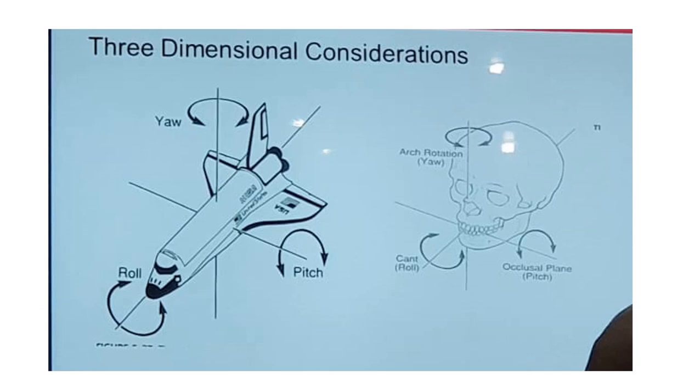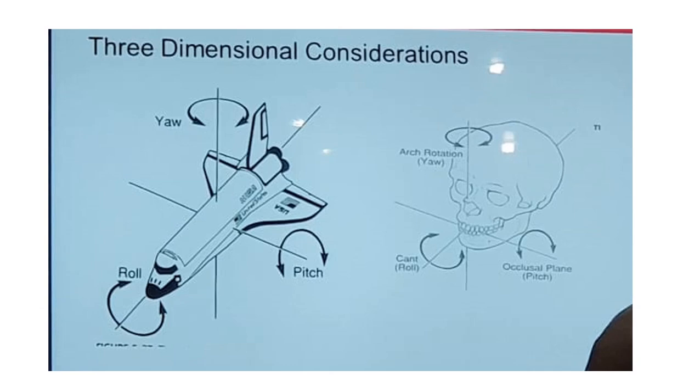During surgery we should perform all the rotational movements of the jaws and teeth in 3 dimensions, and each rotating movement is performed in 1 dimension. From the anterior posterior axis, the rotatory movement is called the roll, and the occlusal cant is rotated in that roll manner.